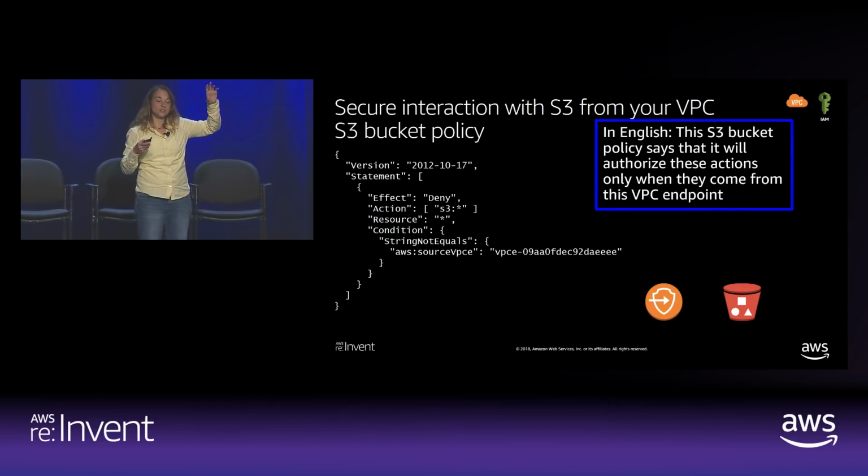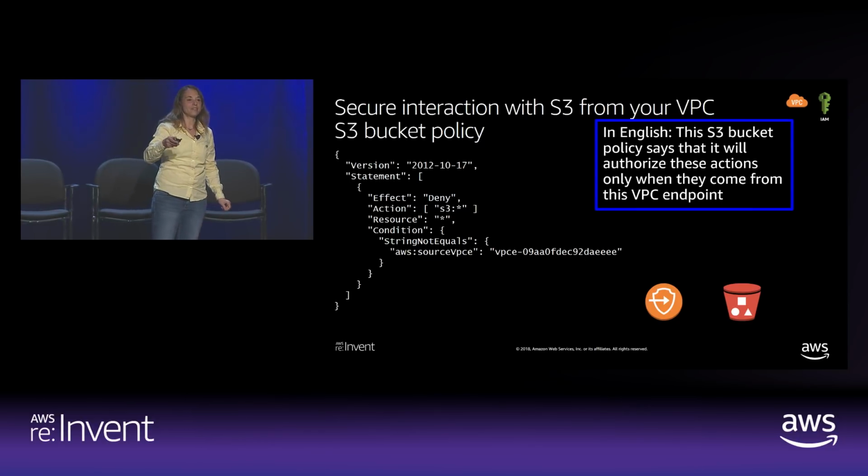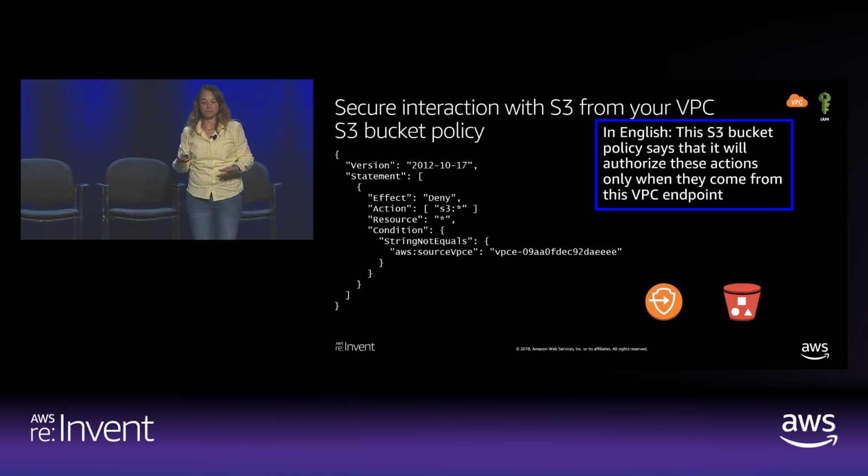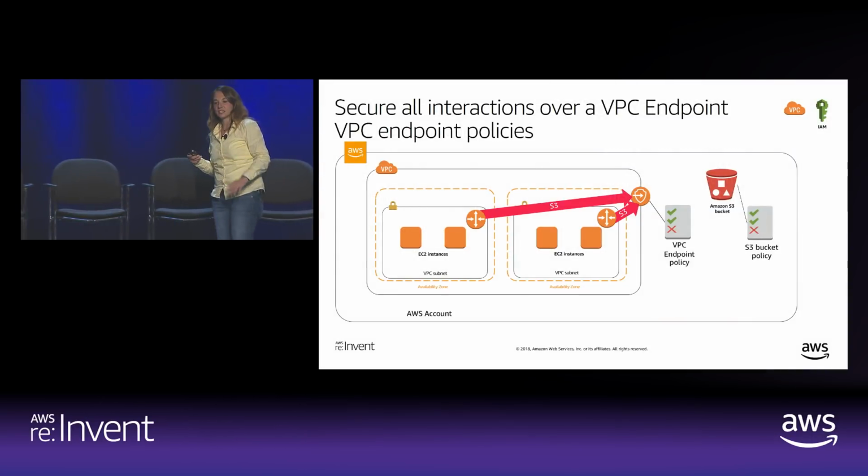If he were to try to do that from outside my VPC, well, the policy says he can do it, unless I also have a deny on the bucket that says, no, I am not expecting someone to access me from outside the VPC. So that's just kind of a subtle distinction there.